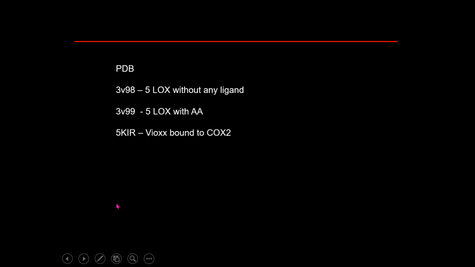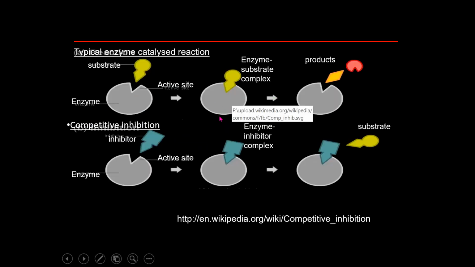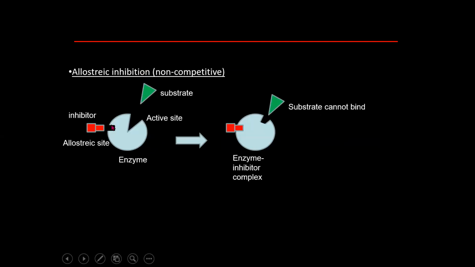You can also have non-competitive inhibitors, which do not bind to the active site but somewhere else, and the enzyme shape gets distorted, so the substrate cannot bind. These are called non-competitive or allosteric inhibition.